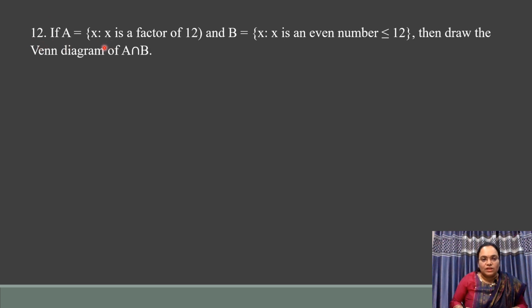If A is equal to x such that x is a factor of 12 and B is equal to x such that x is an even number which is less than or equal to 12, then draw the Venn diagram of A intersection B. So what are the factors of 12? 1, 2, 3, 4, 6, 12.